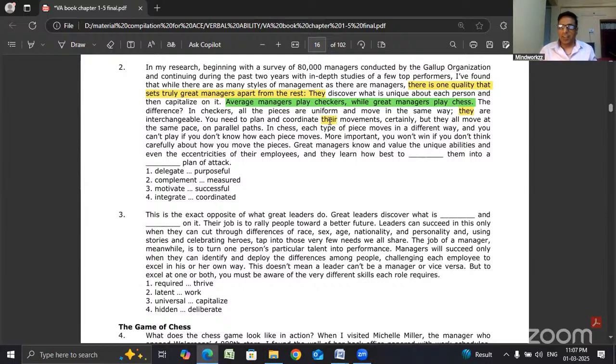So don't think that an average manager goes to the office with a checkerboard. And you just don't go to the shop and buy a chessboard and say, I've become a great manager, because Marcus Buckingham says that great managers play chess, so I'm now a great manager. Huh? So let us become great managers. Let us go and buy a chessboard.